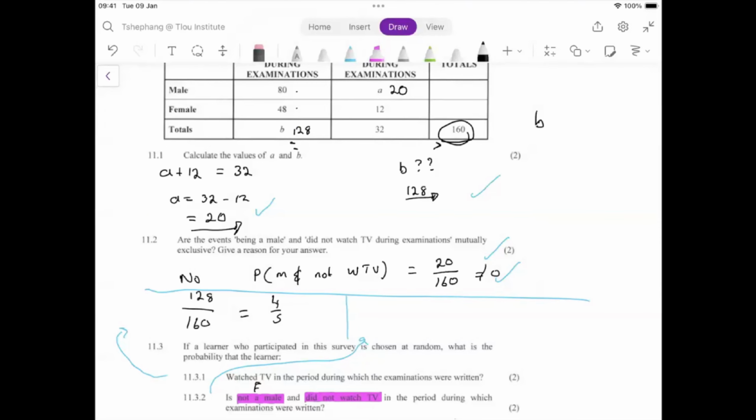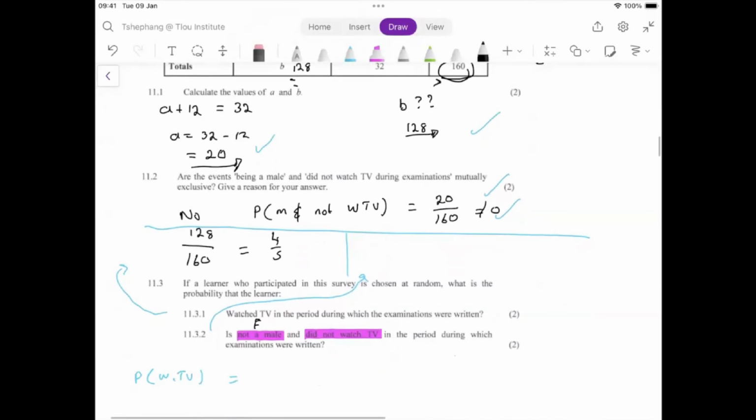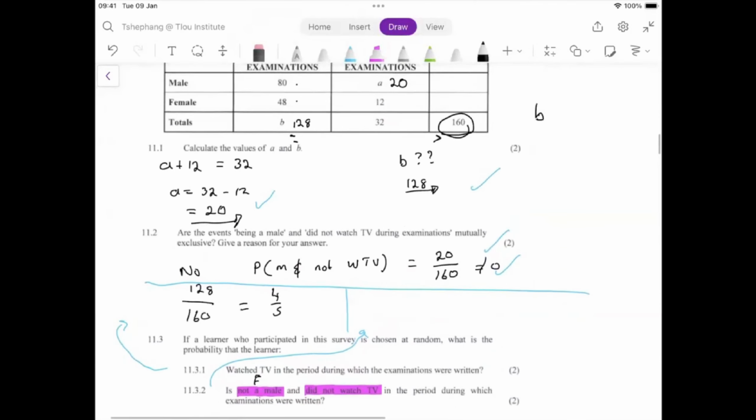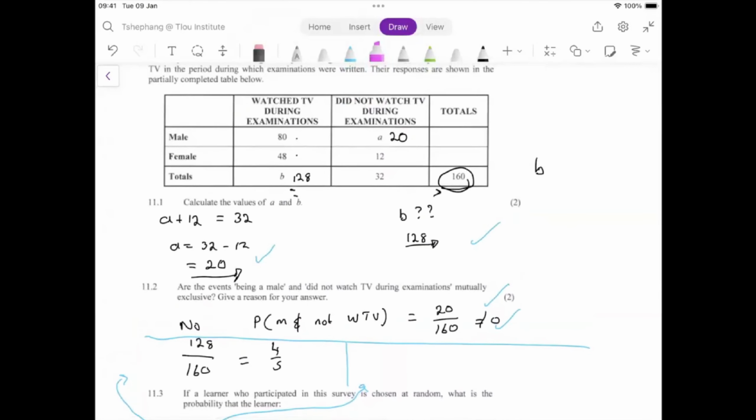Now, they did not watch TV. So how do we go about that? We have to look at the female that did not watch TV. And where's that? So there is female and there is did not watch TV. So they meet here. And that is how much?